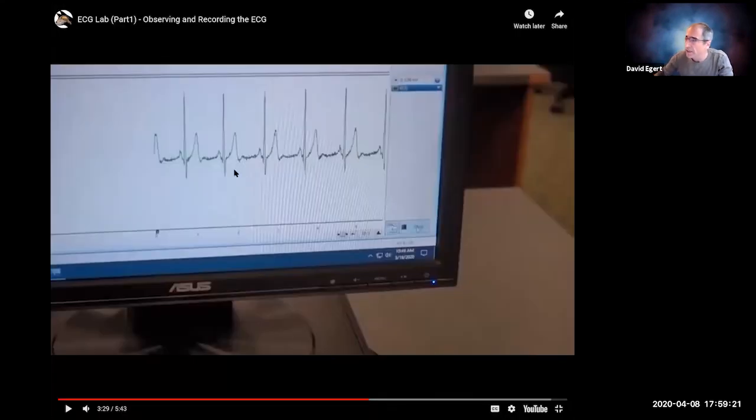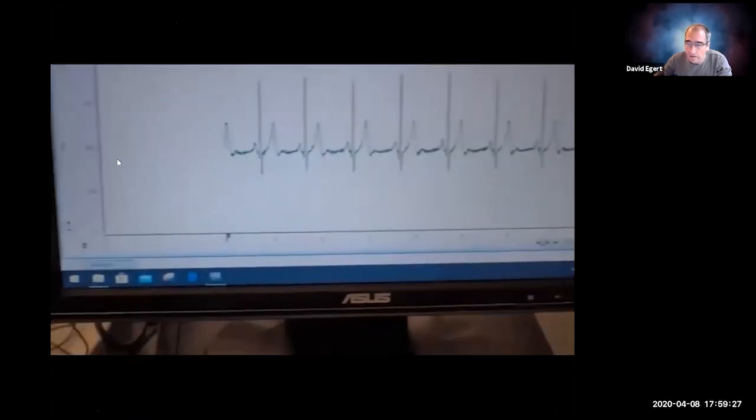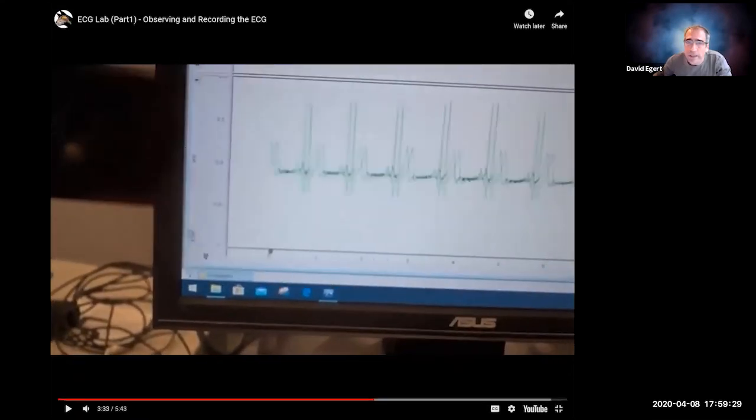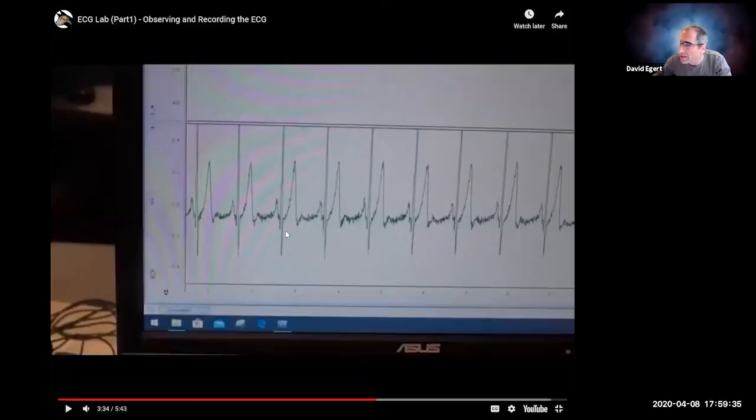All right, so if you take a look, you can show how you can increase or decrease the scale. Oh, there we go. So you can see there's a P, the QRS, and the T wave. Okay, so let's just let her keep doing this a bit, and I will mention what's next.